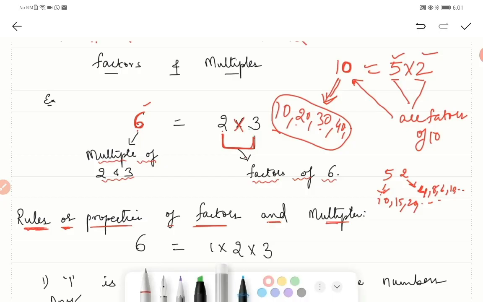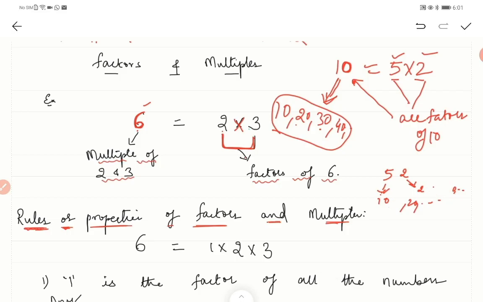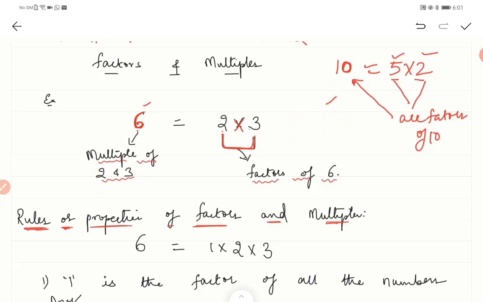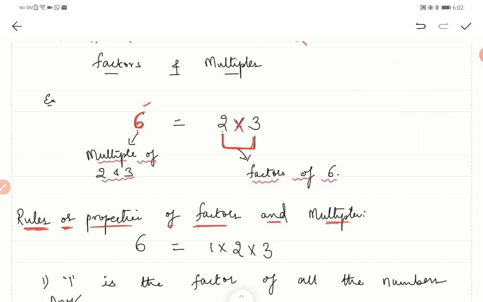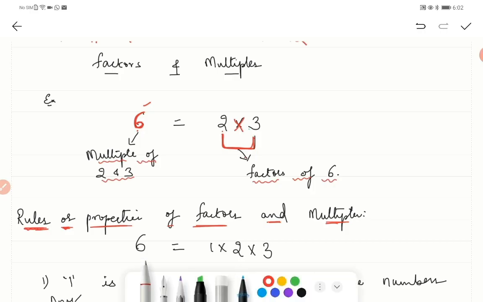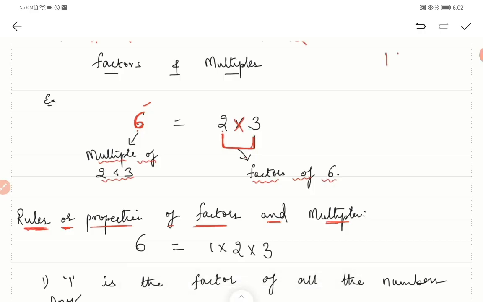Normally you will feel confused between multiples and factors. So simply remember one point. Multiples means tables. In the table of 10, 10 1s is 10, 10 2s is 20, 10 3s is 30, 10 4s is 40.